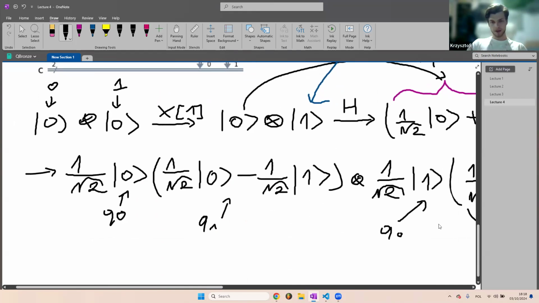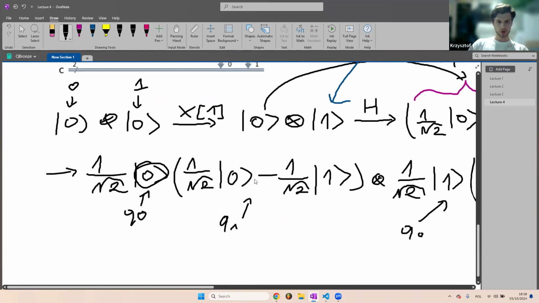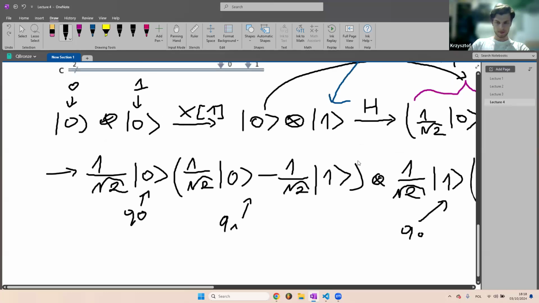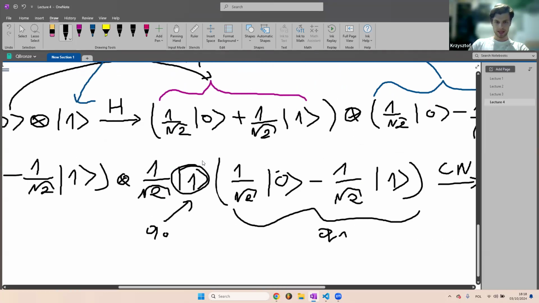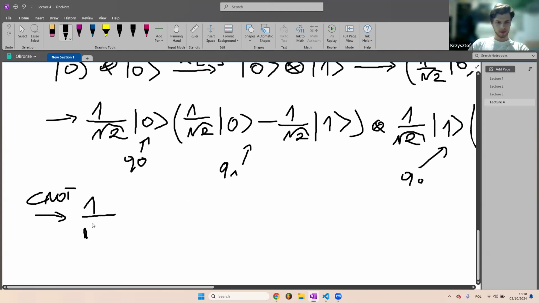Okay, so now after the CNOT gate, we see that the 0 state does not change the state of this qubit, but the 1 state applies a NOT operator to this qubit. Therefore, we can see that after the CNOT, we have square root of 2, 0.